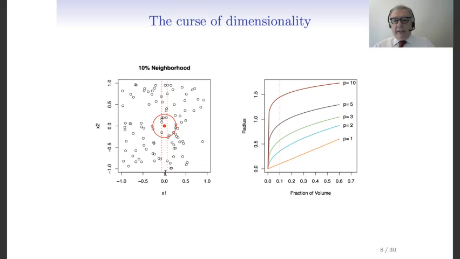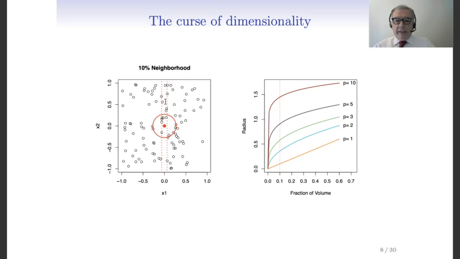A neighbor is a point which is close to the red one for what concerns the sole coordinate x1, and therefore all the points in this band are neighbors to the red point.